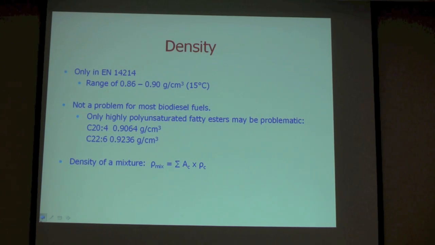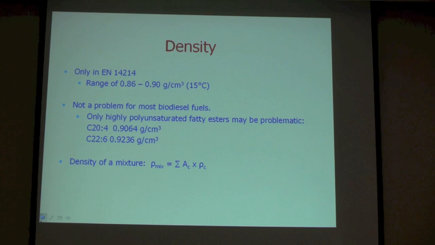I'm going to say a few words about density. It's really not that much of an issue. I'm just going to sneak it in because it's contained in EN 14214, I think mainly as a reason to exclude the vegetable oils from fuel use because their density is higher than that of the biodiesel.